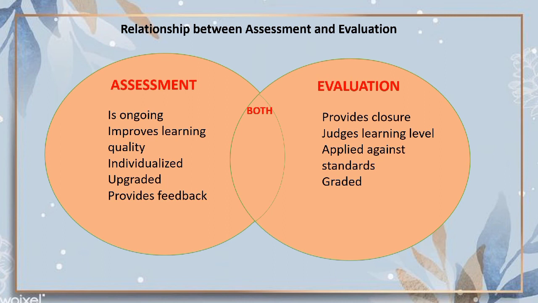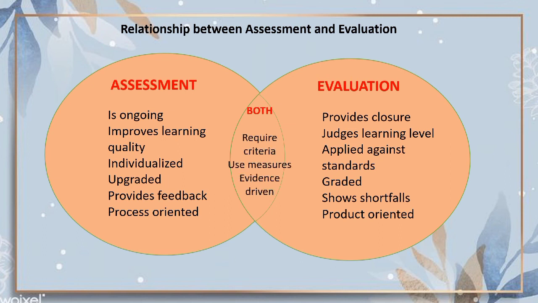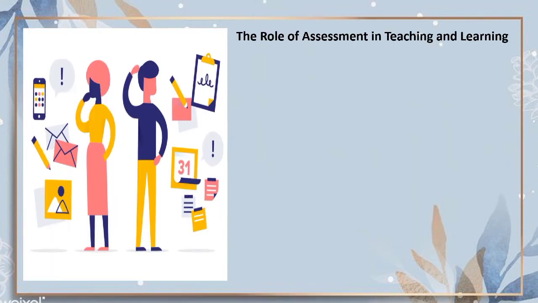Assessment provides feedback, while evaluation shows shortfalls. Assessment is process-oriented, while evaluation is product-oriented. Despite their differences, they are both similar in terms of the following: they require criteria, use measures, and are evidence-driven.